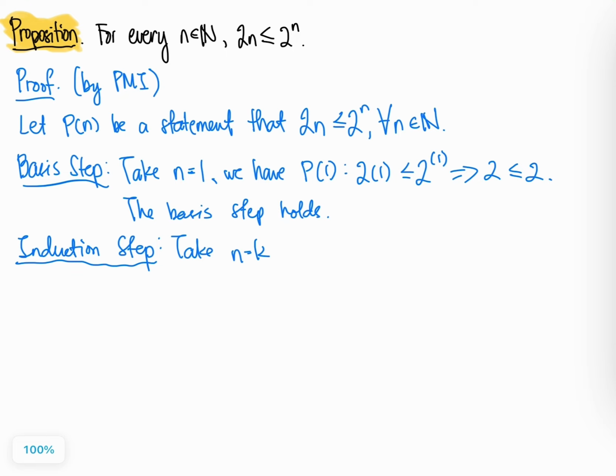K should be a natural number because n is a natural number, so I won't state that anymore. Take n equals k. Therefore P of k is the statement 2k is less than or equal to 2 raised to k for a certain k in the natural numbers.